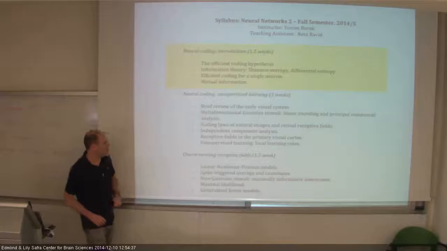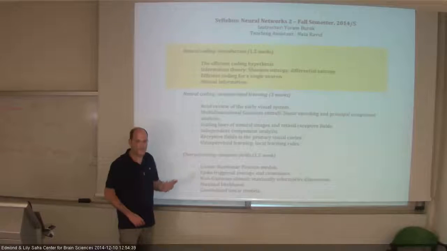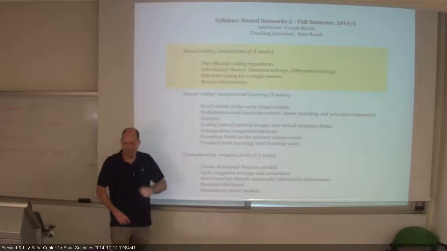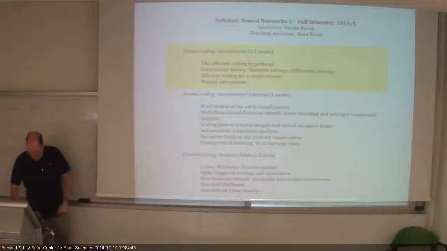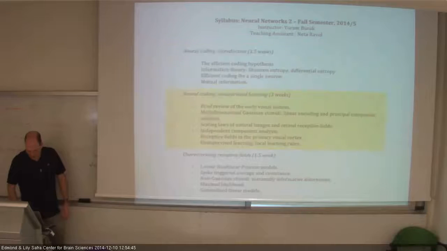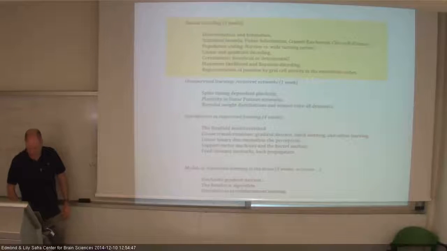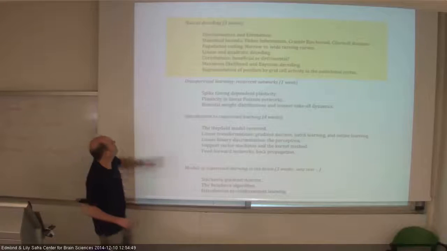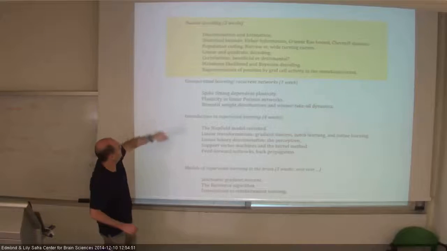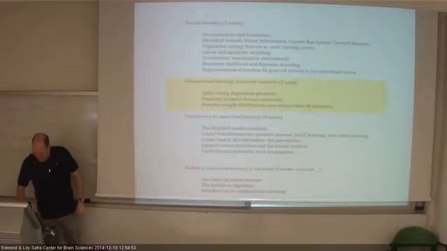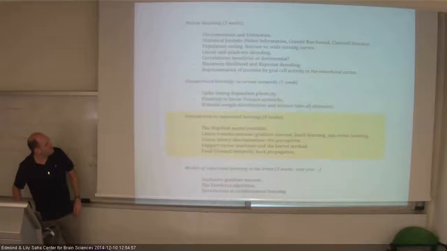You need to understand how people characterize receptive fields of neurons in reality based on measurements from neurons. It's an interesting topic. There is some interesting theory behind it. But we will skip directly to this topic, neural decoding. And then this is another topic that I thought I would add, but no chance. So after that, we'll skip it and we'll go directly to supervised learning. So this is the plan for the next 7 weeks.